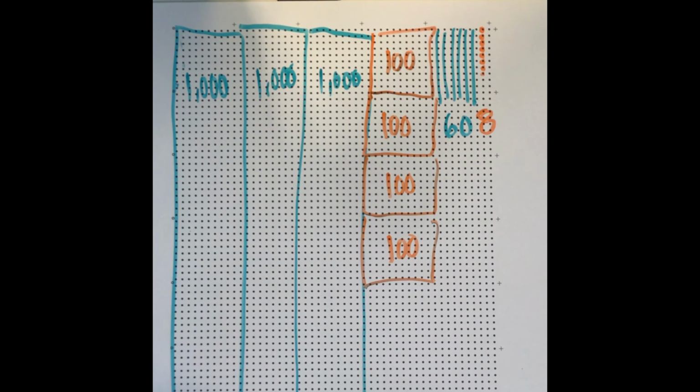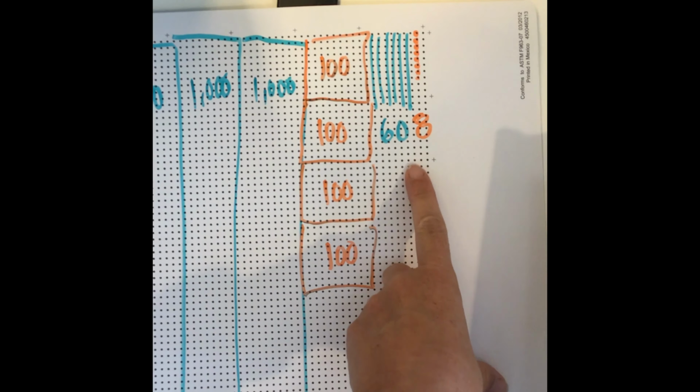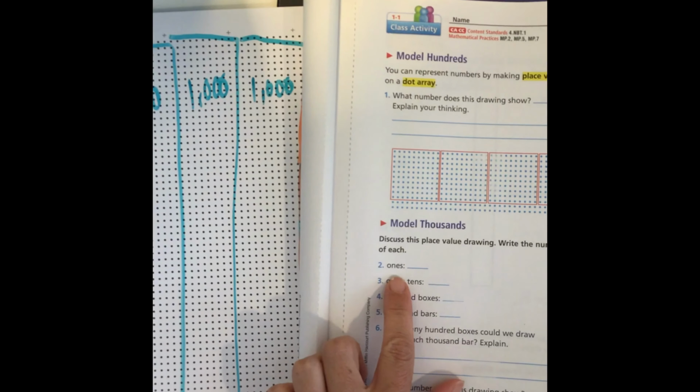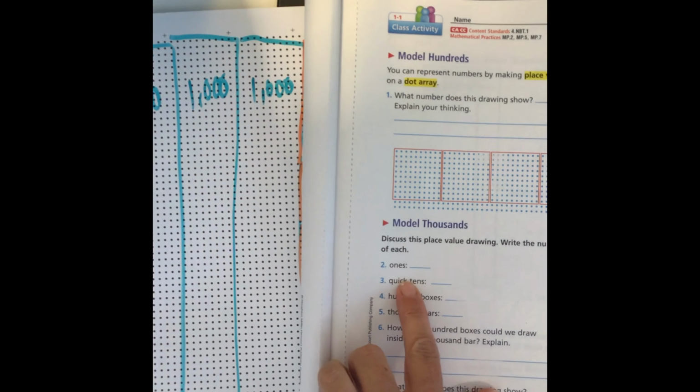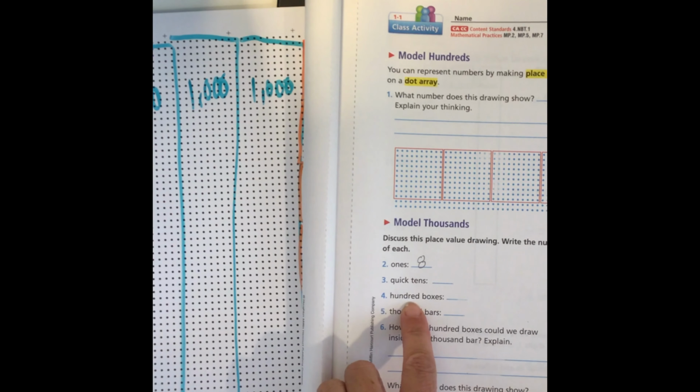Okay, so let's look at our booklet, and it says, discuss the place value drawing, write the number of each. So how many 1s do we have here? We counted them up. So right here we're going to write, we have 8 1s. How many 10s do we have?